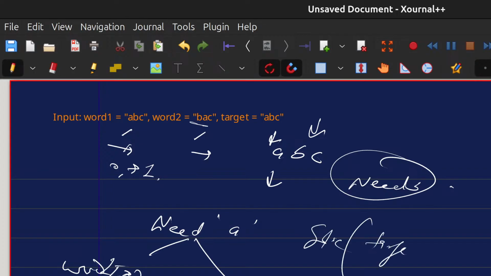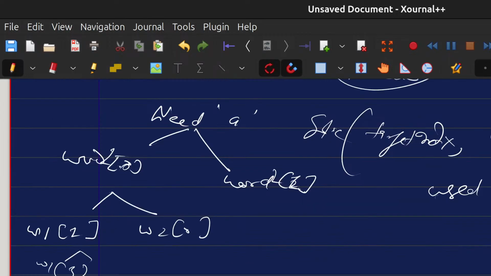First is target index, then the last index in word 1, the last index in word 2, and whether word 1 is used or not and word 2 is used or not. We have to remember all of those things, and it means how many ways I can form the remaining target.